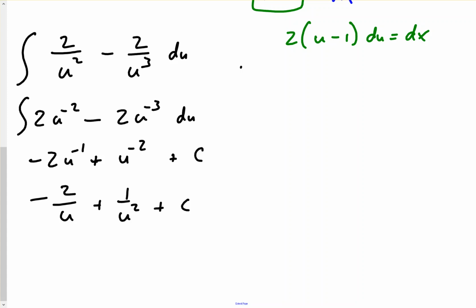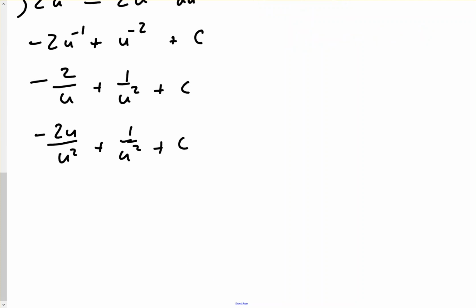Okay, we could easily put this over one denominator. If I get a common denominator here, this will be negative 2u over u squared plus 1 over u squared. Okay, now remember what the u was. u was equal to 1 plus the square root of x.